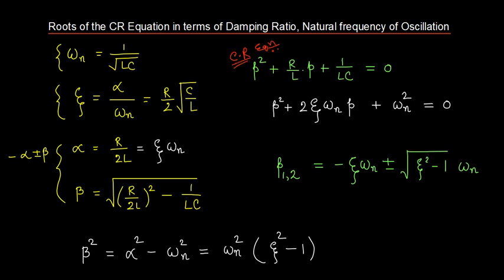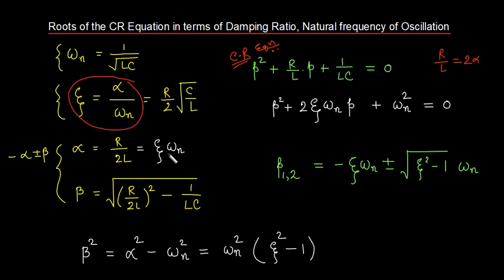Now this is our characteristic equation, and this R by L can be written in this form: R by L equal to twice alpha. Alpha can be written as zeta omega n, because from this relation alpha comes out to be zeta times omega n.